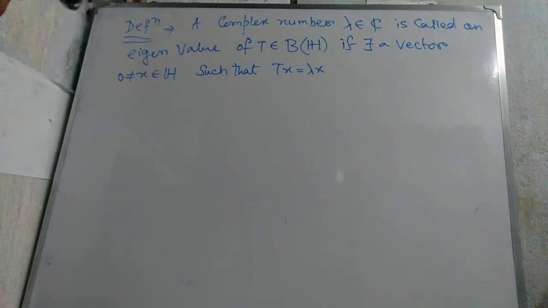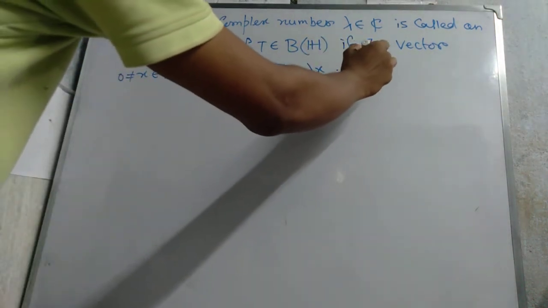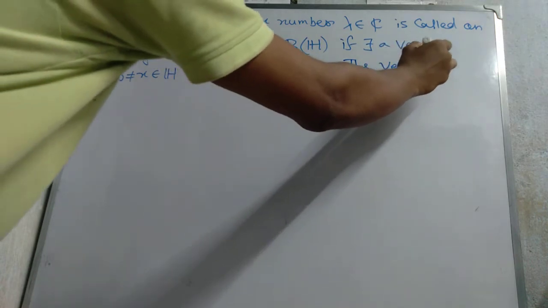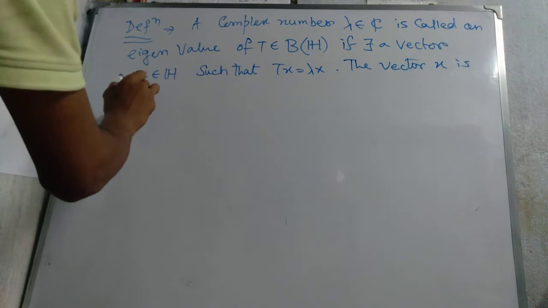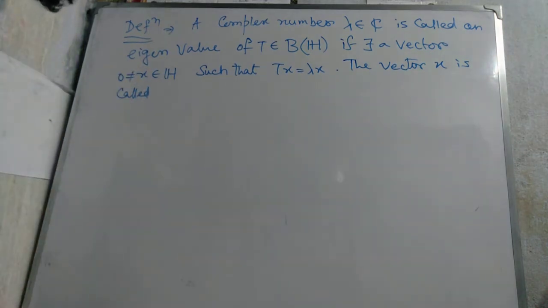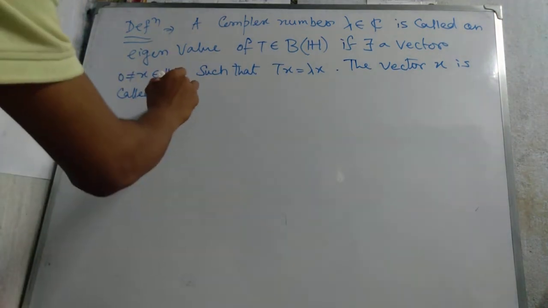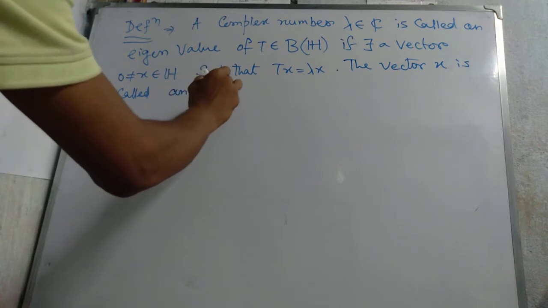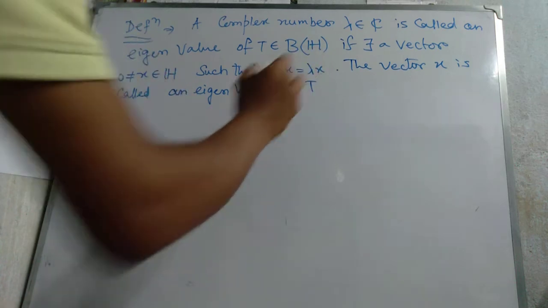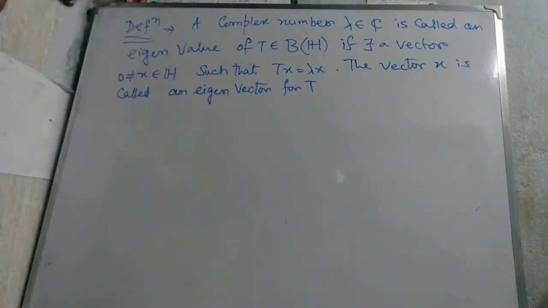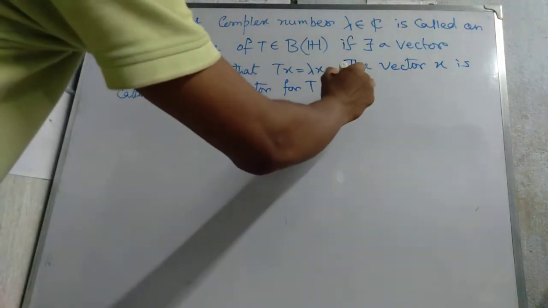Then the vector x is called an eigenvector for T corresponding to the eigenvalue lambda.